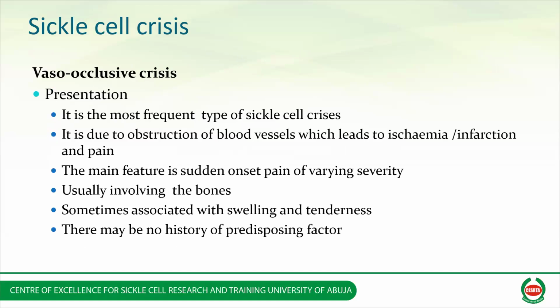The main feature is sudden onset pain of varying severity, usually involving the bones. Sometimes it is associated with swelling and tenderness, like in infants who will also present with hand and foot swelling, known as dactylitis. There may be no history of predisposing factor.